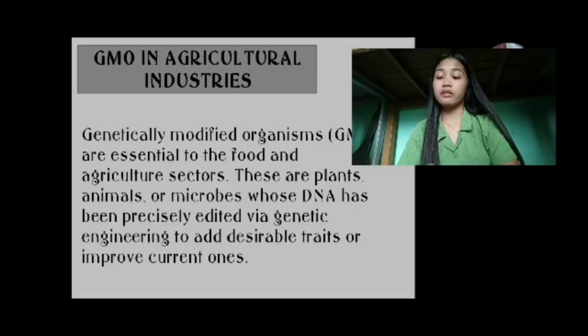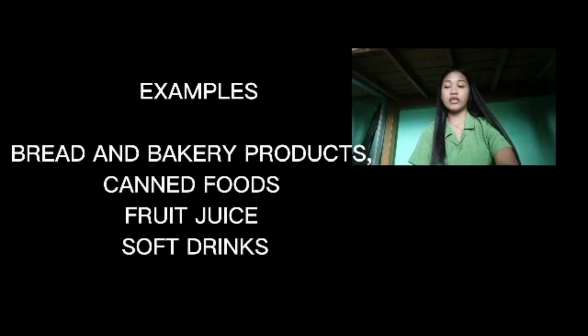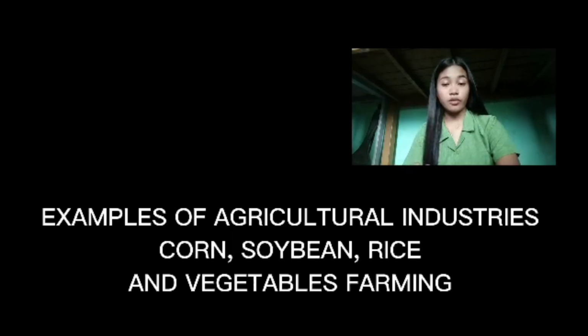So, some examples of food industries. First is bread and bakery products, canned foods and fruit juice, and also soft drinks. And the examples of agricultural industry are corn, soybeans, and rice, and also vegetable farming, because they don't need to spray too many pesticides.